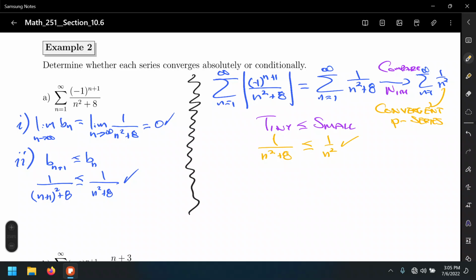And now going back, or backtracking, to the original alternating series, because the absolute value of the series was convergent, then the original problem converges absolutely. All right, converges absolutely.